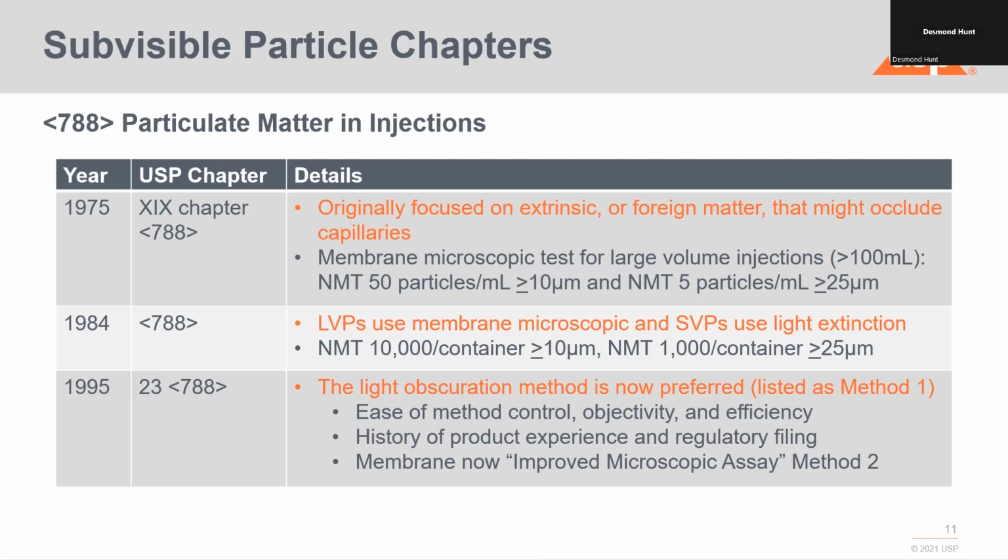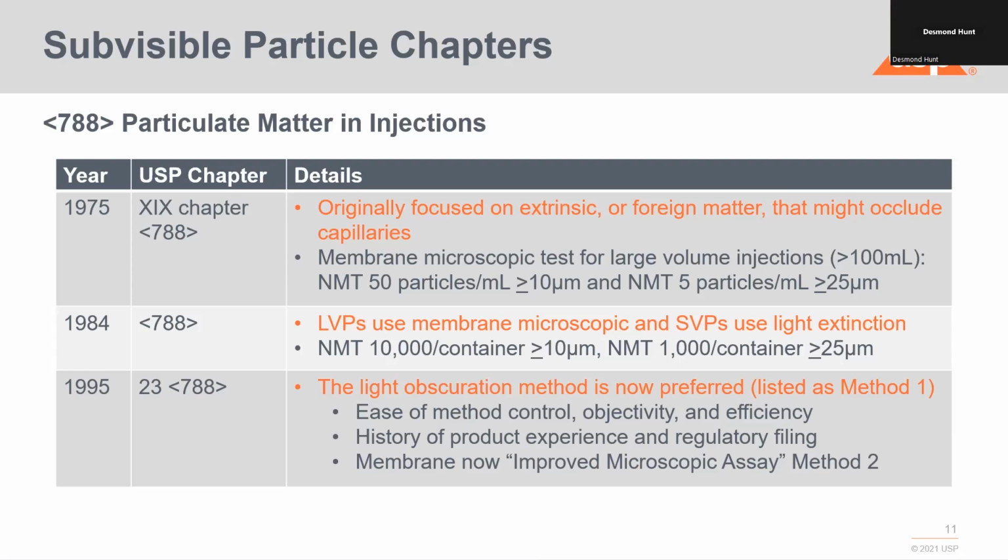The only method at the time was the membrane microscopy method. In '84, again, in the evolution of a standard that we always see, we had the membrane microscopy method for large volume parenterals, but we also introduced a new method for small volume parenterals, which was light extinction.